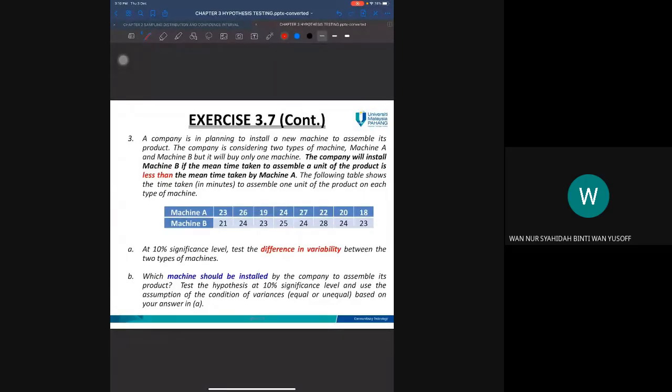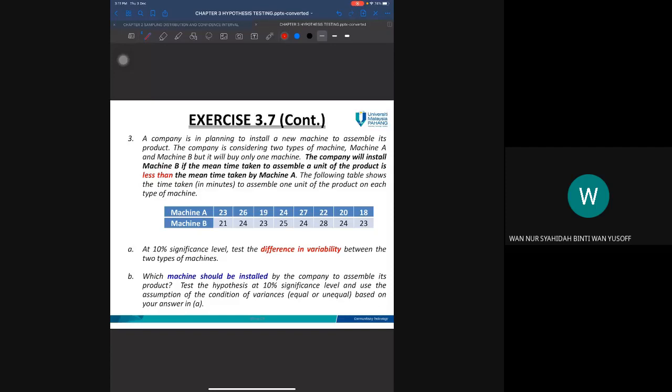Time taken. So the variable is the time taken to assemble one unit of the product on each type of machine.